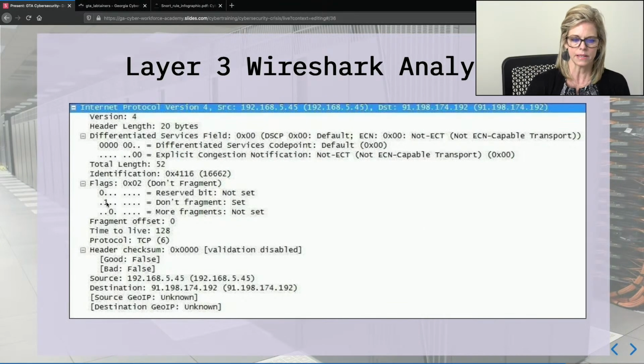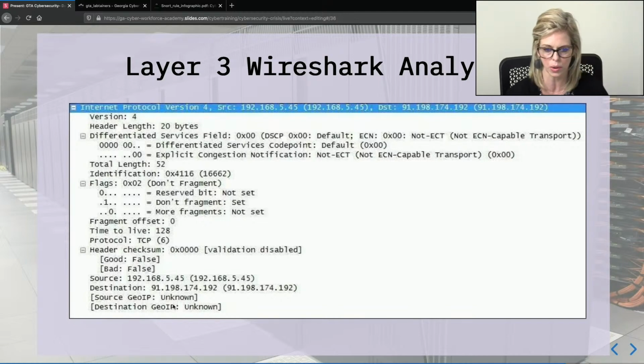If that bit is set, you can see that would be listed here. And if they're not set, of course, they show up here as 0. The time to live value, protocol here, TCP number 6, the header checksum, and here we don't have the actual name resolution configured as part of the preferences to translate the endpoints using the GeoIP.